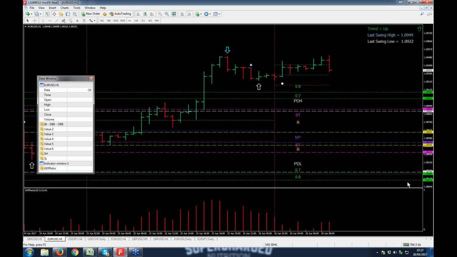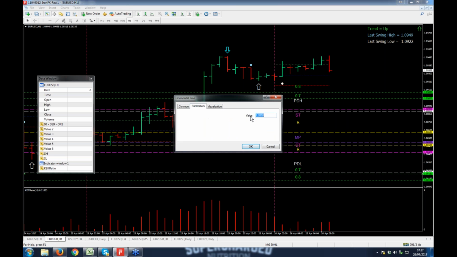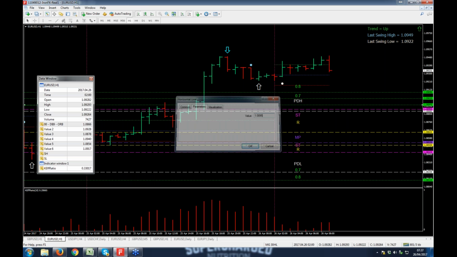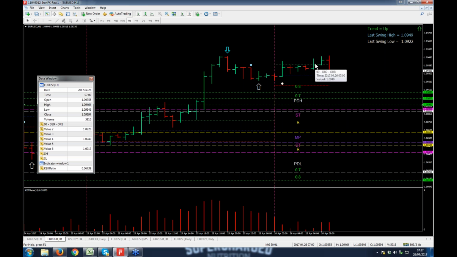Okay, so 1.0895. Now remember, we're using the 0.7 and 0.8 ATR because according to our research, that's generally where 80% of the bars will actually form their range to. So it's important that we know where these levels are.